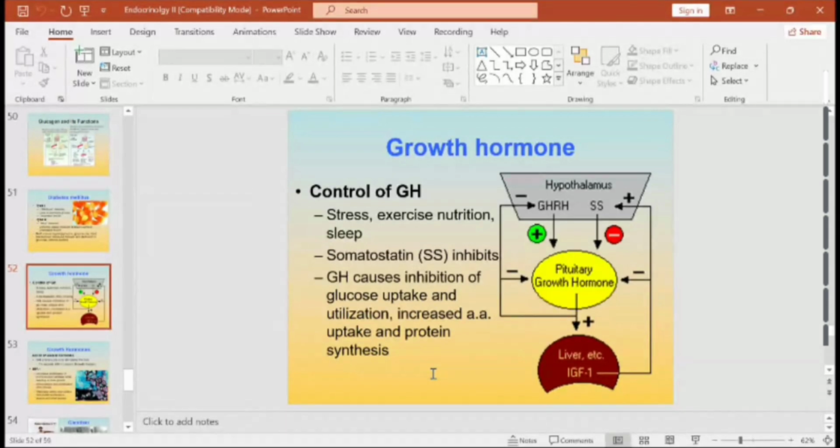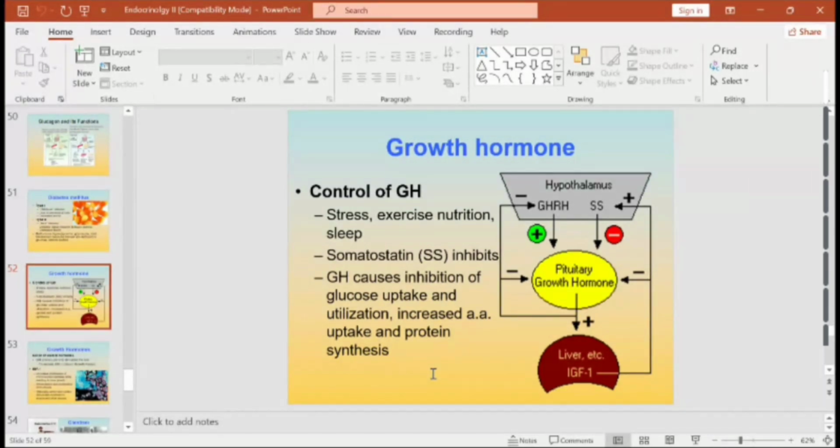And the secretion of growth hormone doesn't occur in a continuous fashion, but in a pulsatile nature, so that during some time of the day the secretion increases, and at some other time the secretion goes down.